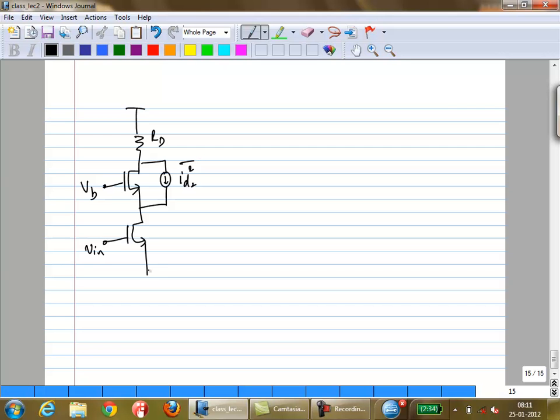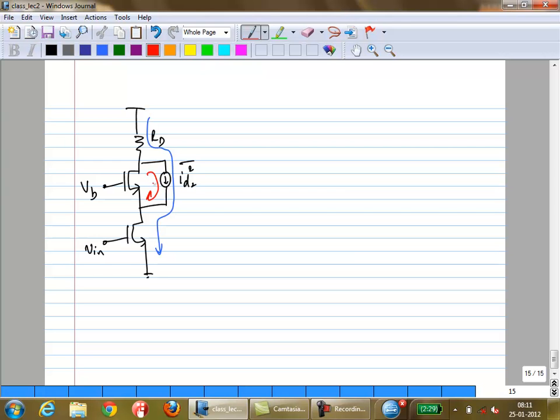So if you look at this noise current source, what happens? There are actually two portions to this noise. So one portion of the noise flows like this. The other portion of the noise just keeps flowing back through M2. Correct? So this noise basically splits at both places into two portions. Is that clear to everyone?